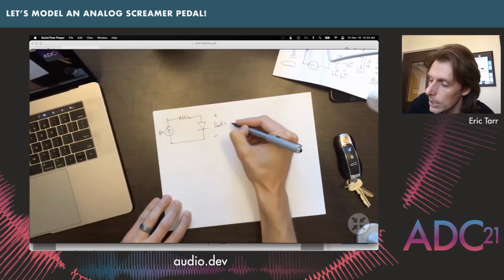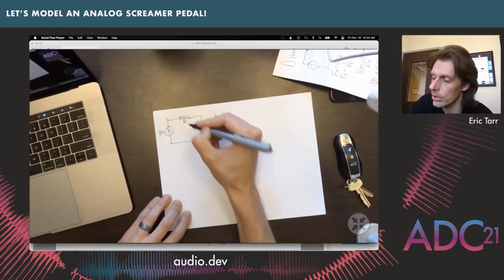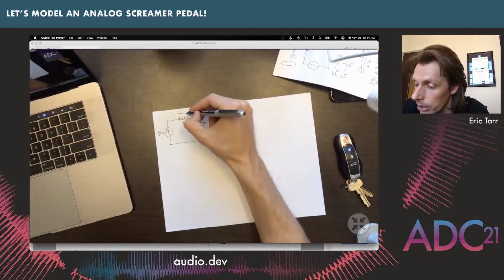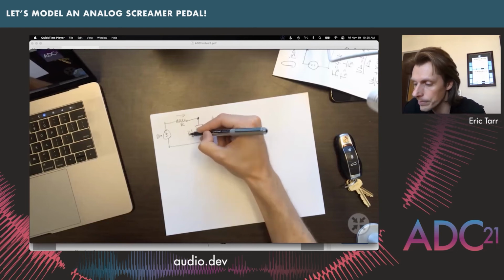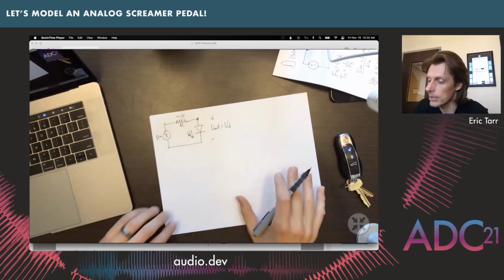We'll say that Vout is equal to VD, the voltage that's going across the diode, and we have some resistor right here that we want to use. So we'll do this nodal analysis where we have the current going this direction is equal to the current going this direction, which is ID, like this, and see what happens when we start to plug some of these things in.